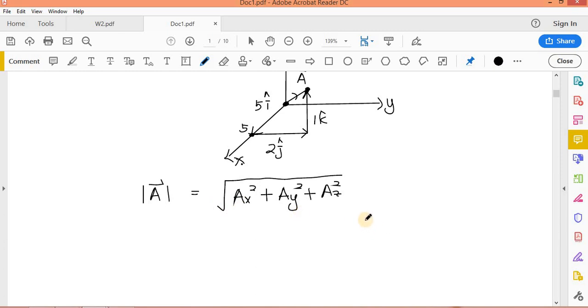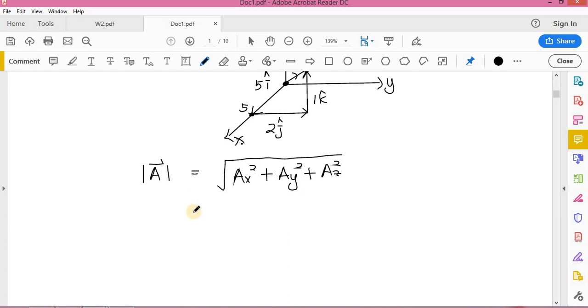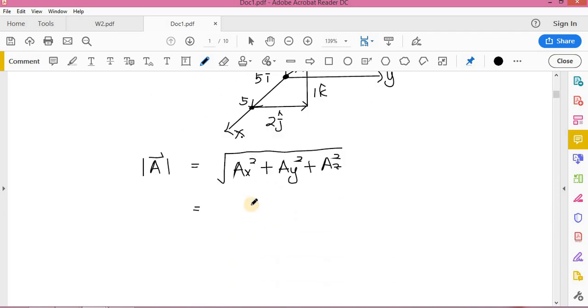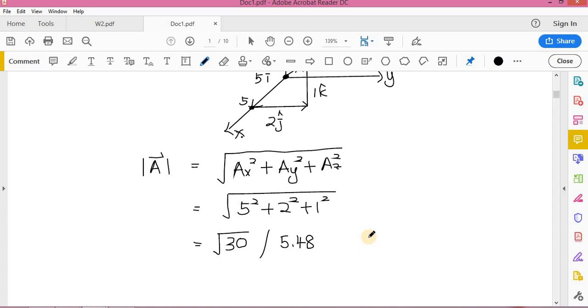So this is the formula to find the magnitude of the vector A. When you replace the values into the equation, it will be 5 square plus 2 square plus 1 square. The answer will be equal to the square root of 30. You can leave your answer this way, or if you want to find its value, it will be 5.48.